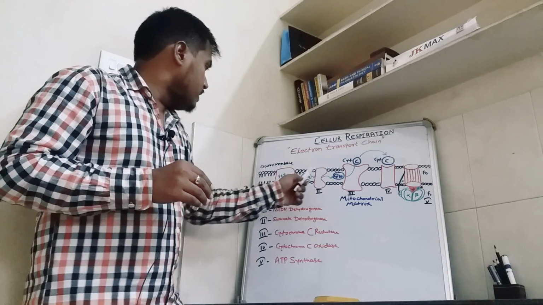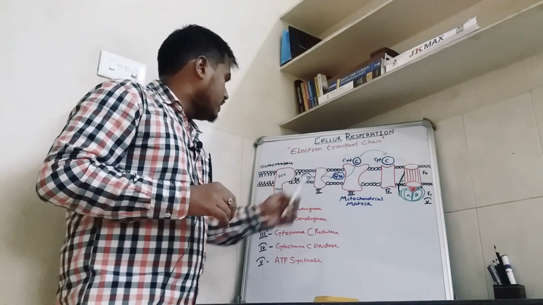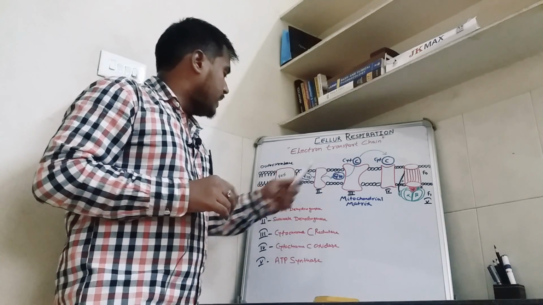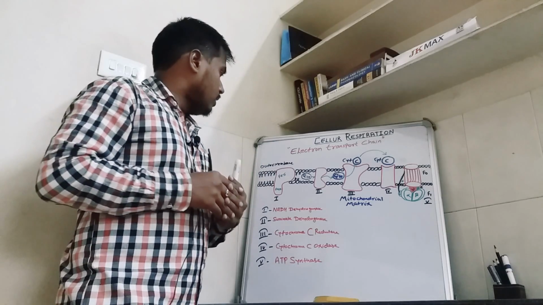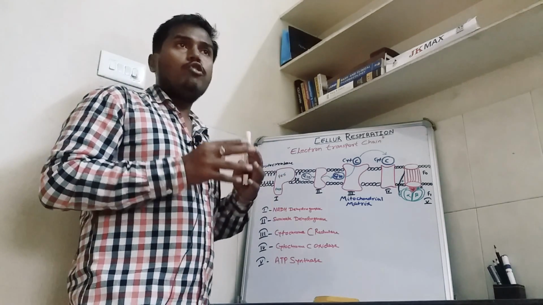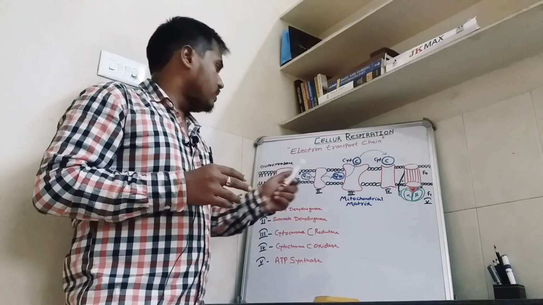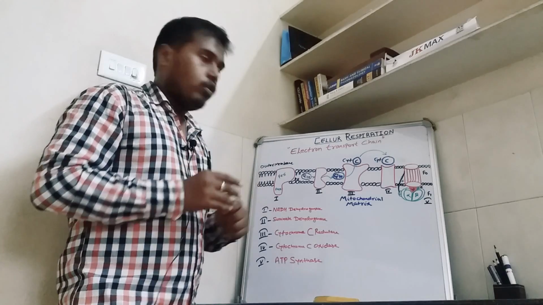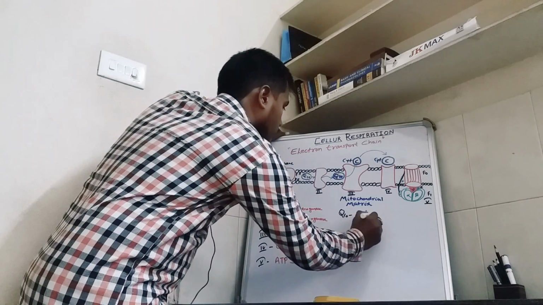Now within this there is a carrier. There are two carriers, and one is carrier protein Q10. This Q10 is also known as coenzyme Q10 in humans, and is also known as ubiquinone. When it does not accept any electron, its normal state is called ubiquinone.